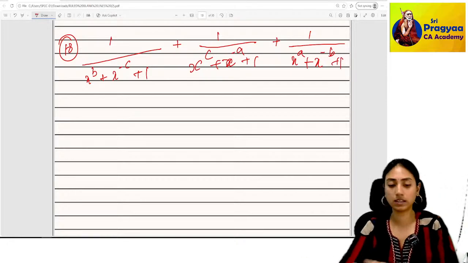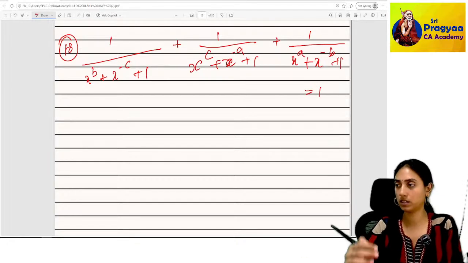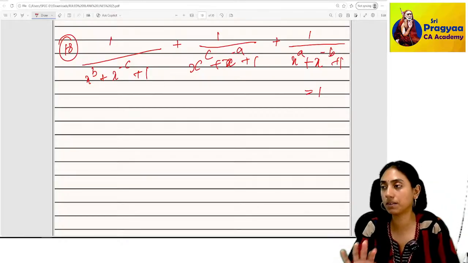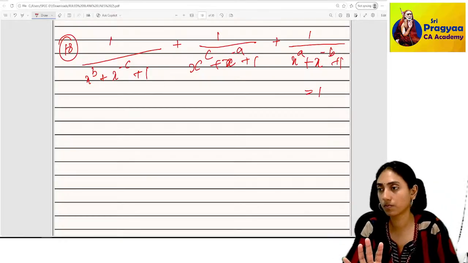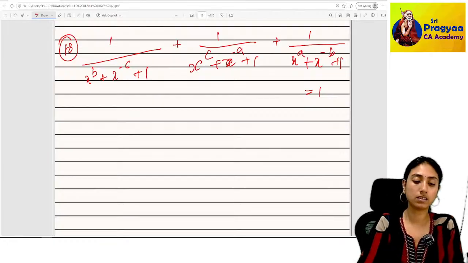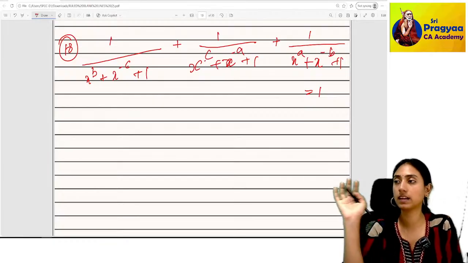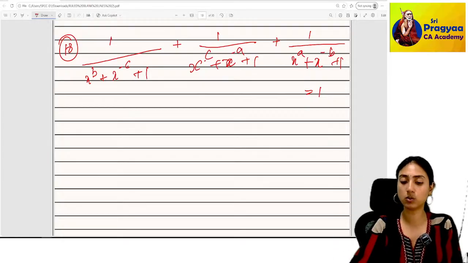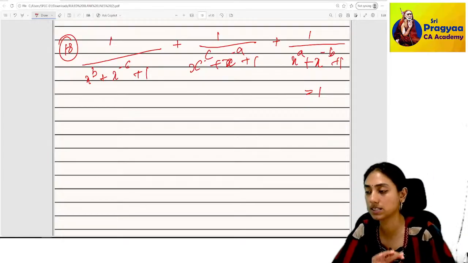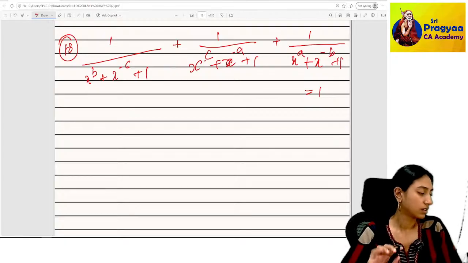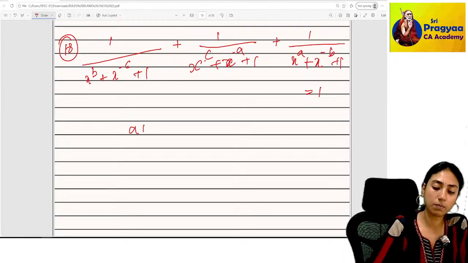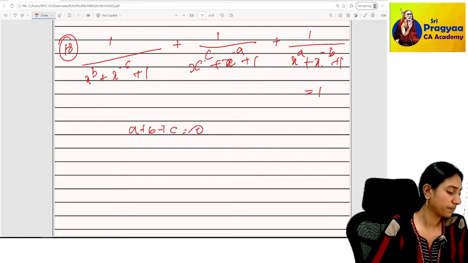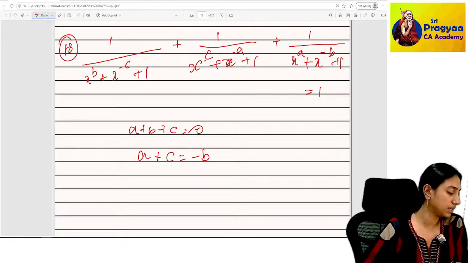So this whole equation will be equal to 1, if a, b, c is given by, is what they are asking. So in this a, b, c, a plus b plus c is equal to some term. What it should be for this whole equation to be equal to 1 is what they are asking. This is the question. Okay, again assume a plus b plus c is equal to 0. So a plus c is equal to minus b.